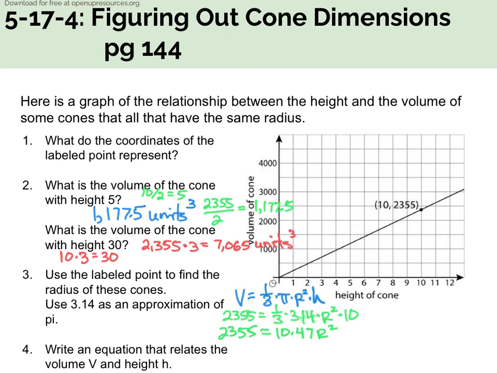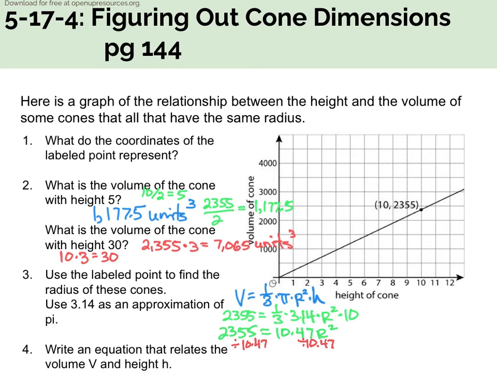How do we get the radius squared by itself? We are going to divide by the 10.47 on both sides. So we take 2,355 divided by 10.47.